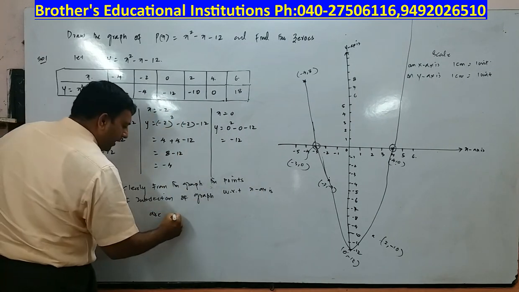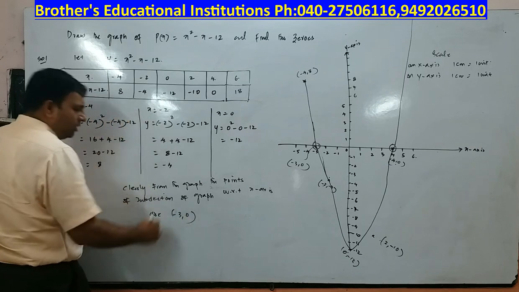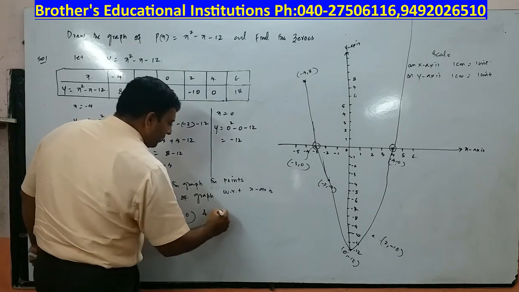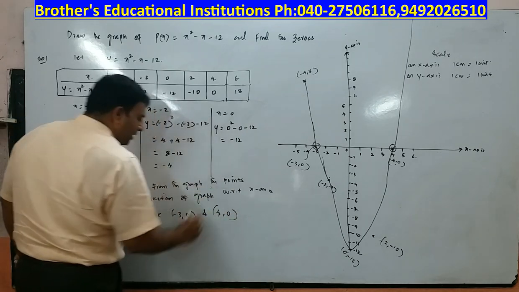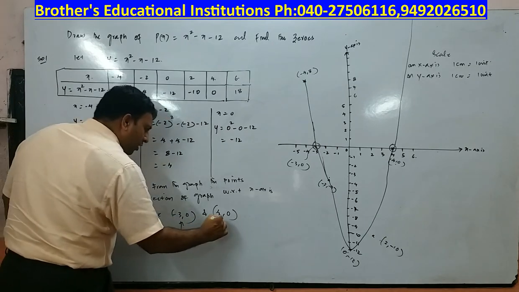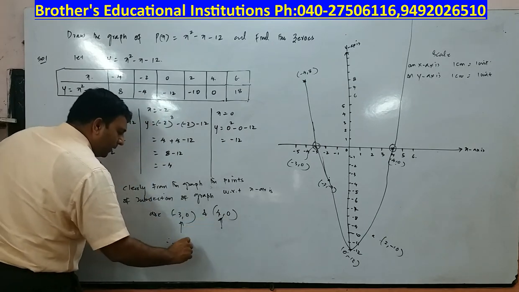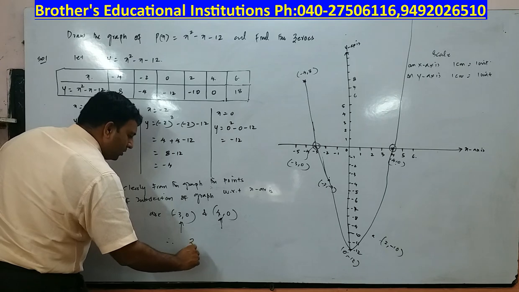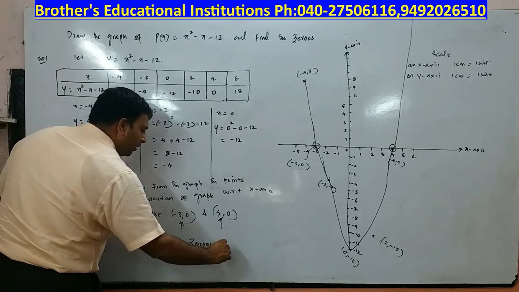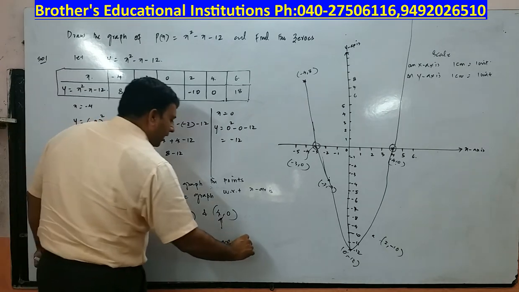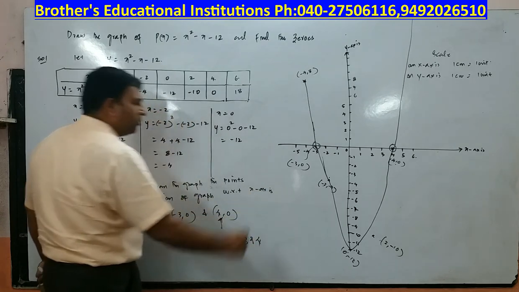What is the first point? Minus 3 comma 0. And what is the second point? 4 comma 0. Therefore, the zeros are minus 3 and 4.